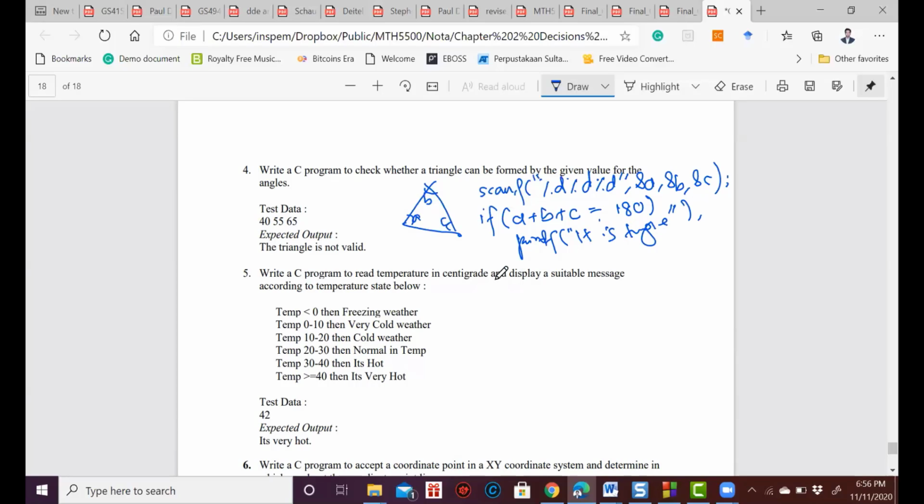Okay, and then else, printf, the triangle is not valid, something like that.